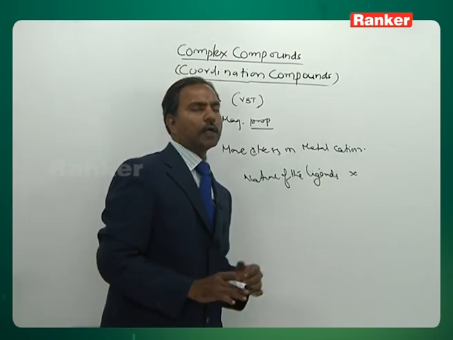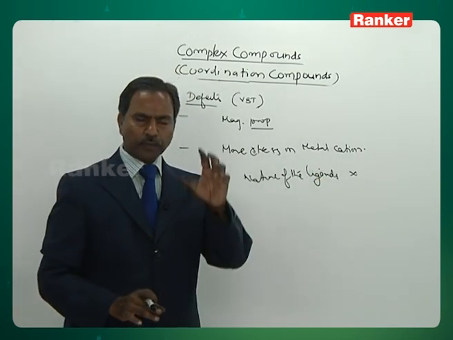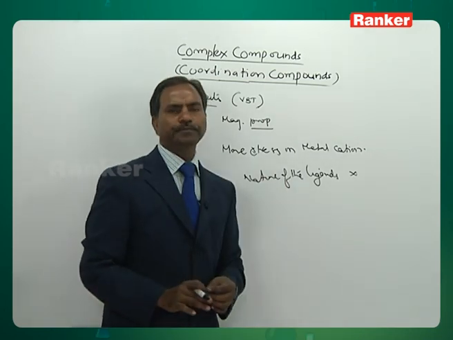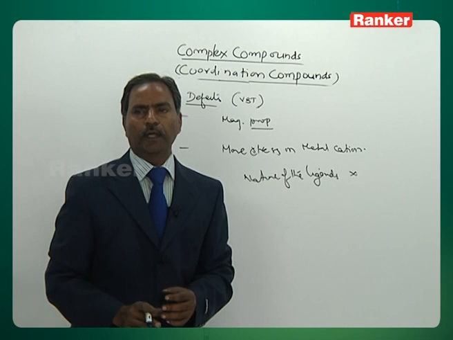Whether you get an inner orbital or outer orbital complex is much more dependent on the nature of the ligand. But when he proposed this theory, he did not know much about the ligands.